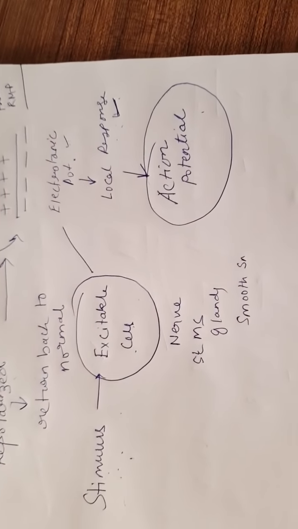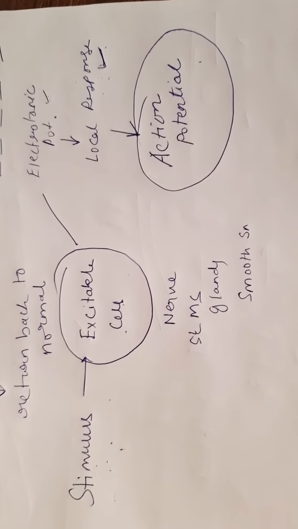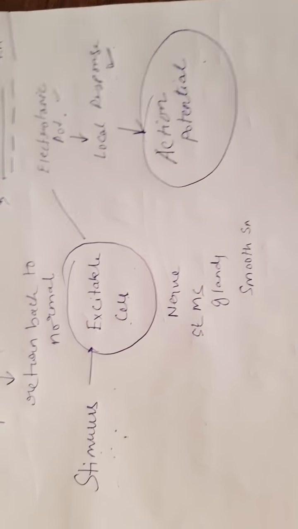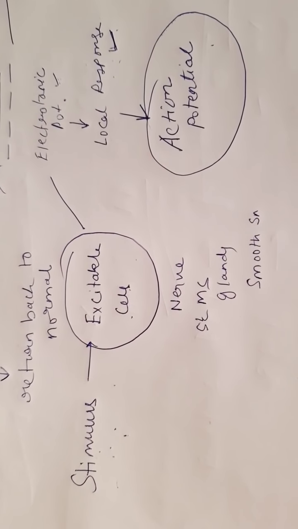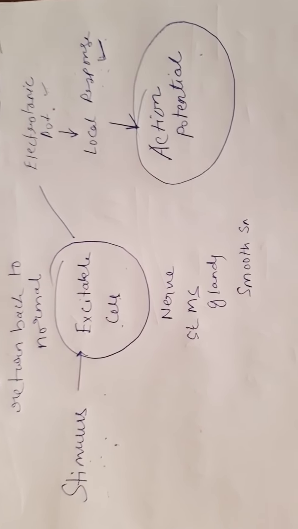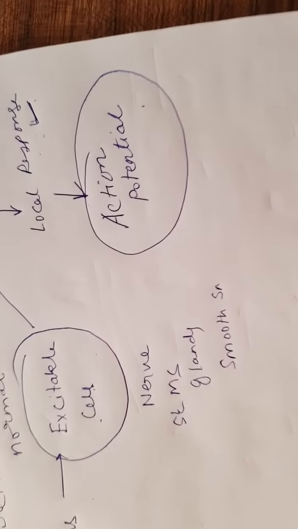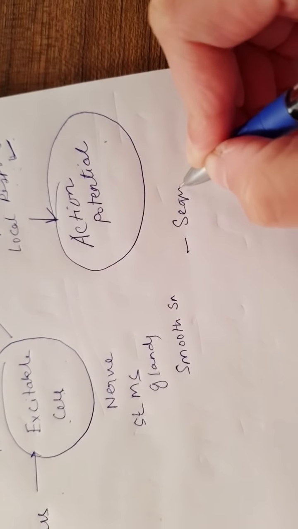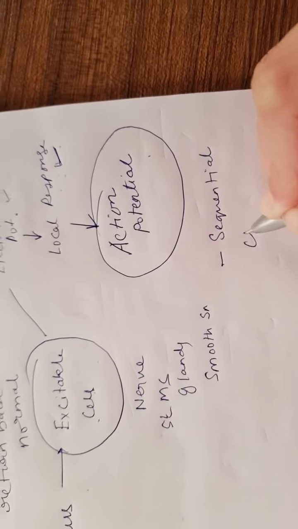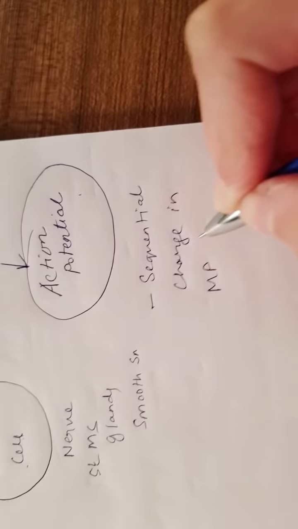So what is action potential? Action potential is the sequential change in membrane potential due to opening and closure of various ion channels and its propagation along excitable tissue in undiminished intensity. Each word is important. Okay, so sequential change in membrane potential.